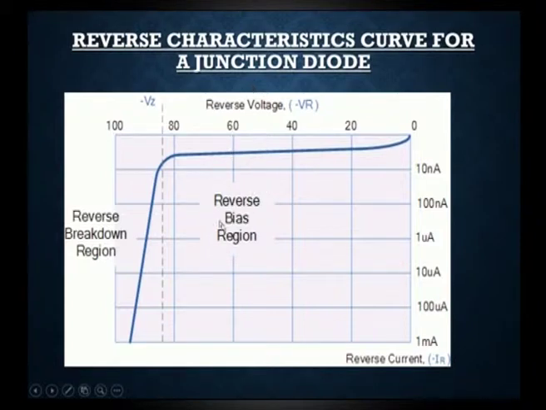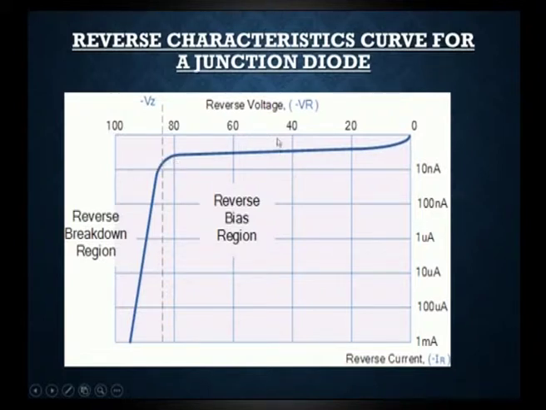So, this is the reverse bias region that we discussed now. With the change in voltage, VR is the reverse voltage that we applied across the diode in reverse bias mode, called the reverse voltage VR. If we change the reverse voltage like this, up to here we did not observe any major change in the current.